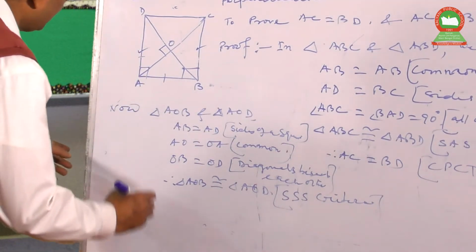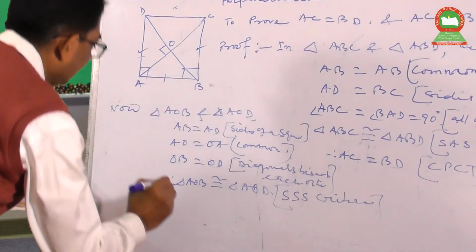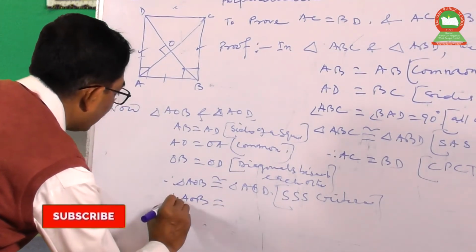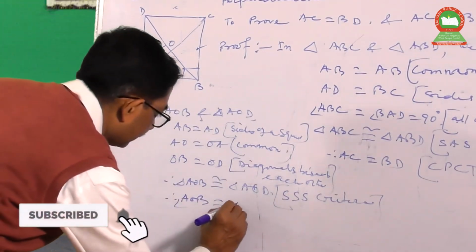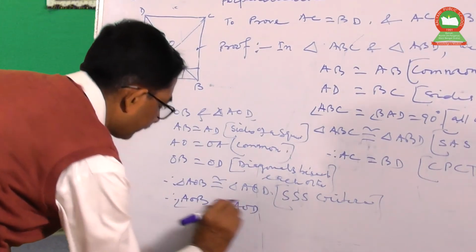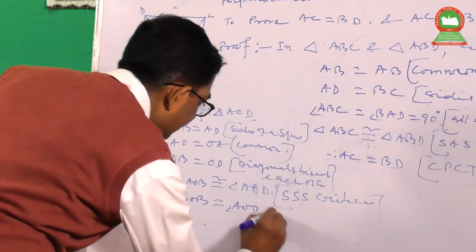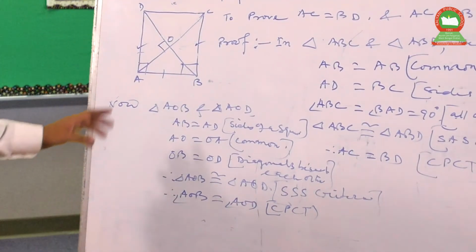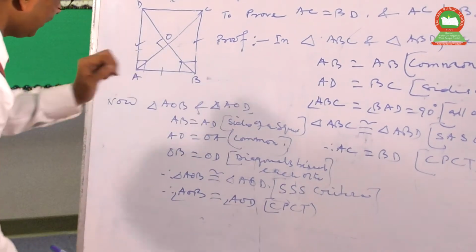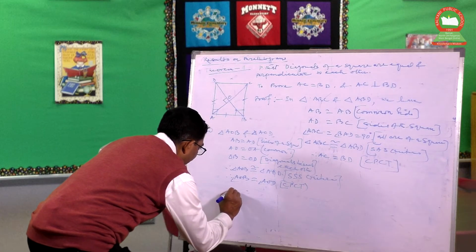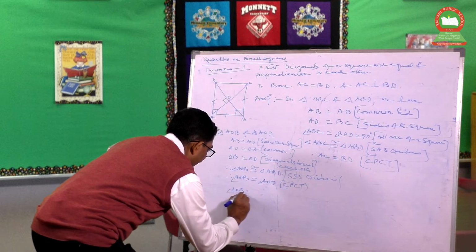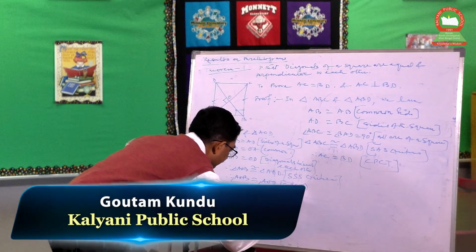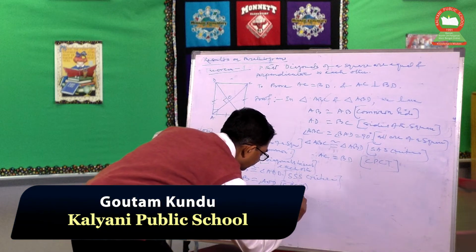Now from here we can say angle AOB equals angle AOD, by CPCT. Because this is a linear pair, we know AOB plus AOD equals 180 degrees. This is a linear pair.